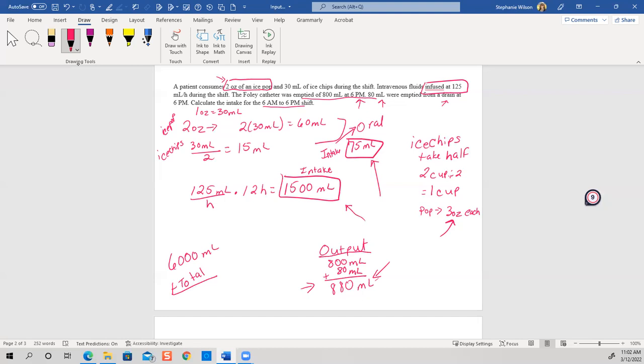It could have been like 7,500 or 7,000 that was collected as an output. And you would subtract it, and that would be what the body truly lost. So if this was the scenario, they would have truly lost only 1,000 milliliters. So anyways, let me make sure I don't have another one to go over.